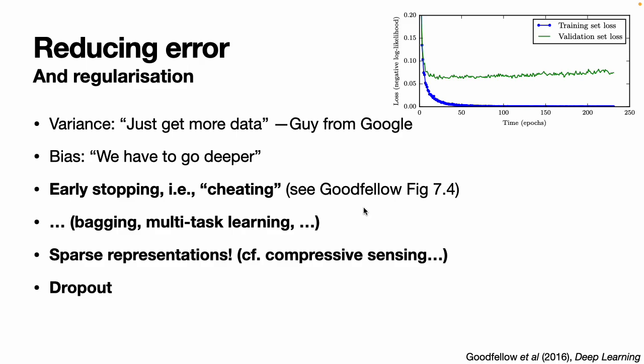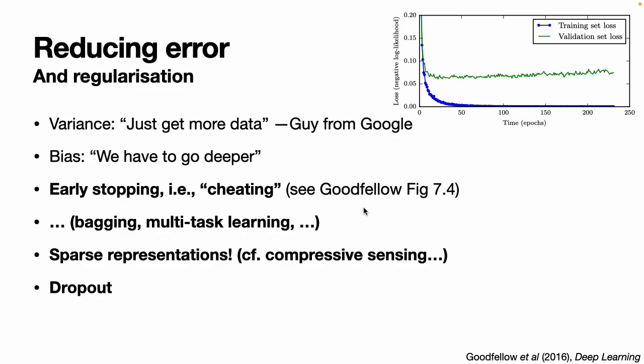There's another one called sparse representations. This is basically where you try to damp out the weights in your deep learned model, so that you have weights that are sparse, where lots of them are zero.